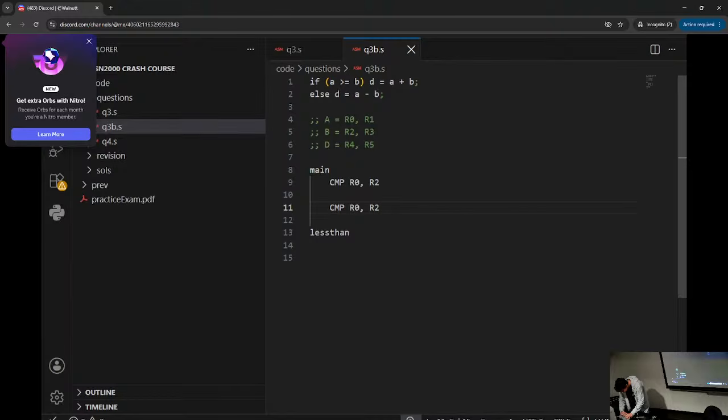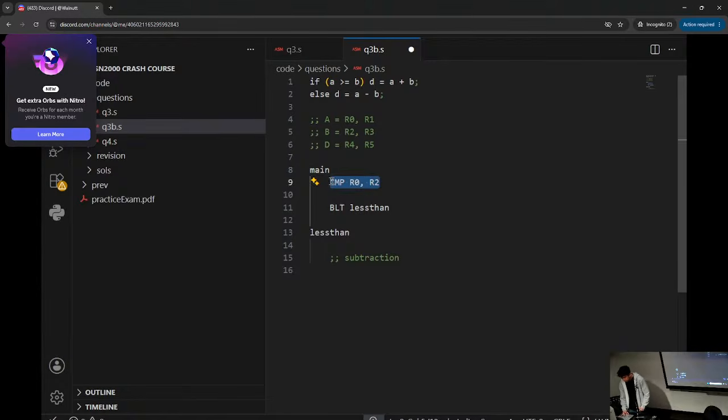Compare again. Then we want to, let's just say we branch. Let's just do BLT. We branch to less than. So then we do our subtraction code here. We'll put that in later. So that's if the most significant bits were not equal.